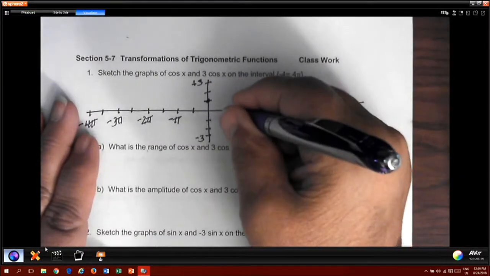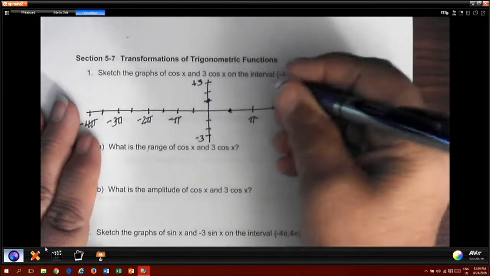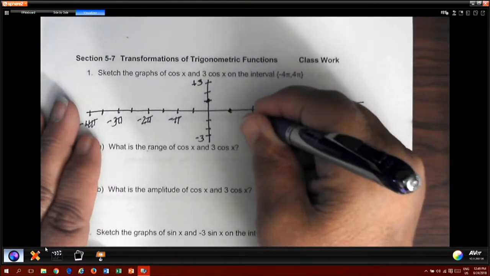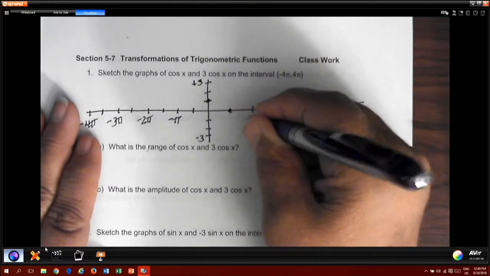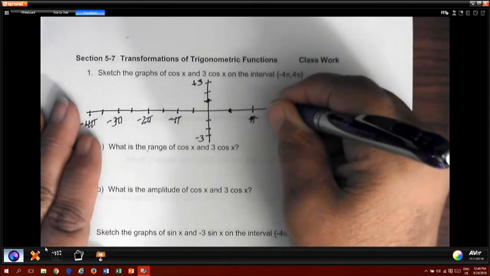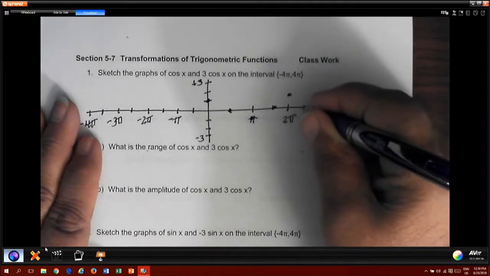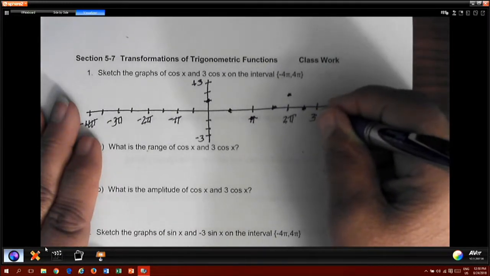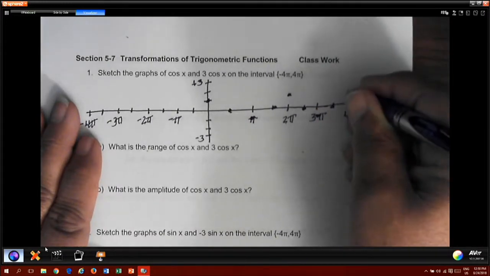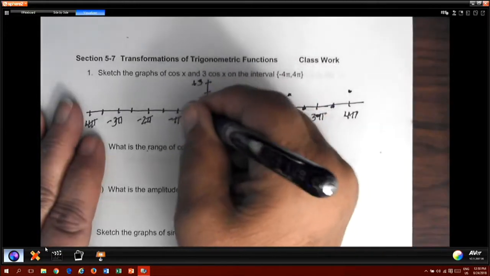At pi over 2, it's 0. At pi, it's negative 1. Then at 3 pi over 2, it's 0. At 2 pi, it's 1. And then it just repeats itself, because cosine and sine both are cyclic.